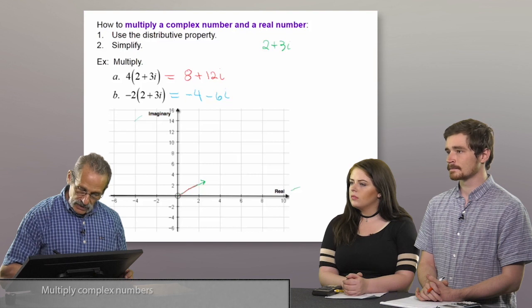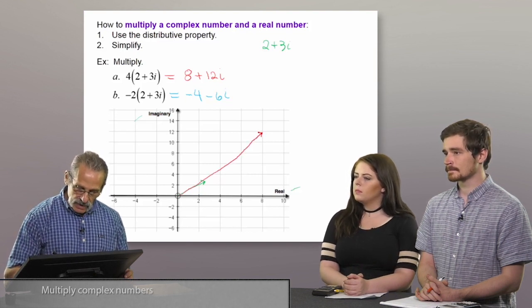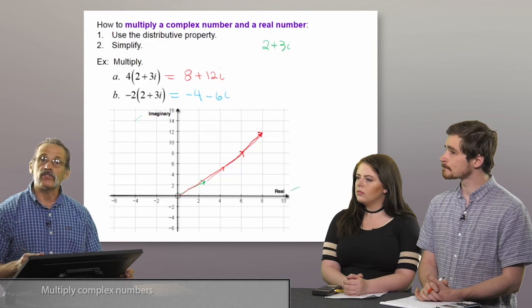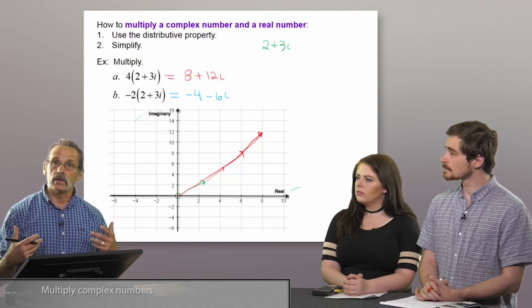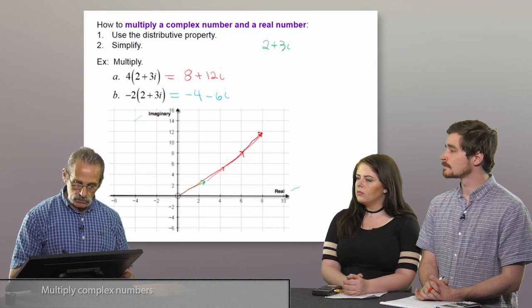So if I connect and take a look at 8 plus 12i, I notice that I have 4 of these 2 plus 3i's, and that's all we're really doing. We're quadrupling the real and the imaginary parts.